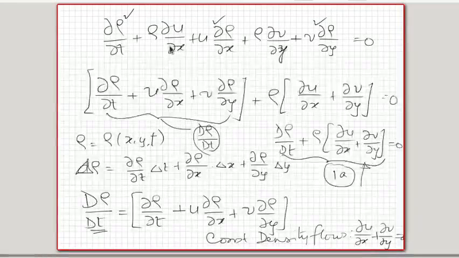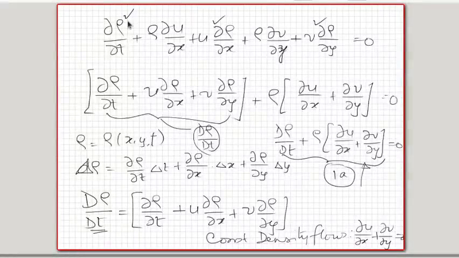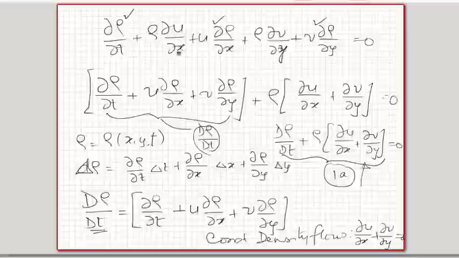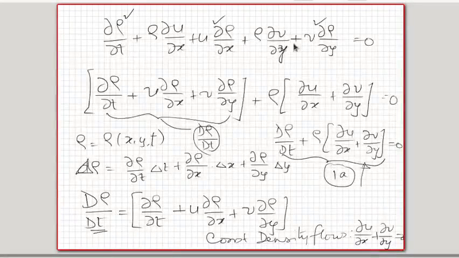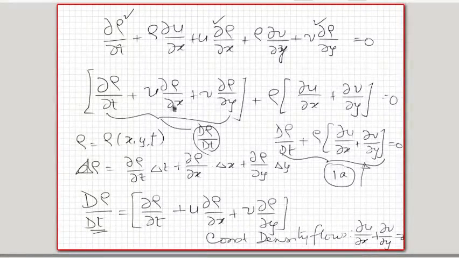All right. So the continuity equation is the equation that we have got here, which is ∂ρ/∂t, and I have opened out these terms: ρ ∂u/∂x plus u ∂ρ/∂x, ρ ∂v/∂y plus v ∂ρ/∂y, and you get terms of this form, which is ∂ρ/∂t plus ρ times (∂u/∂x plus ∂v/∂y).